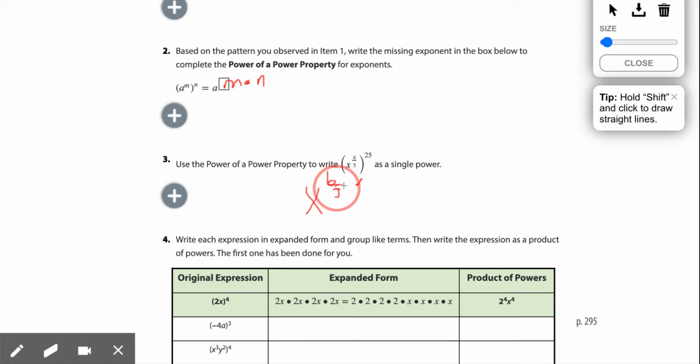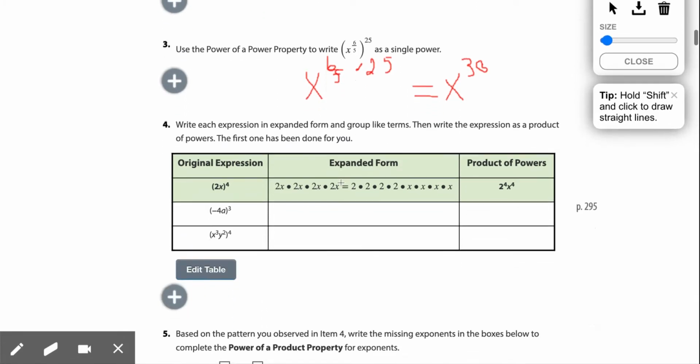It's hard to make these 5s, so I'm just doing that. 6/5 times 25: 25 divided by 5 is 5, and 6 times 5 is 30. That's going to end up being x to the 30th power. Remember, you can just kind of cancel. 25 divided by 5 is 5, times 6 is 30.